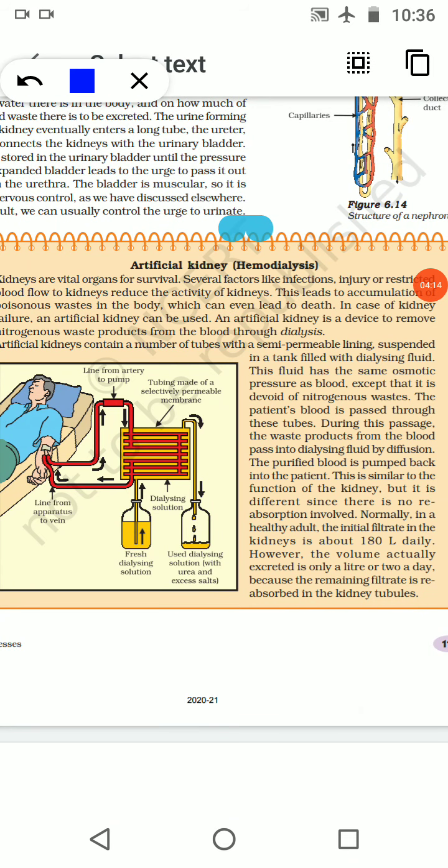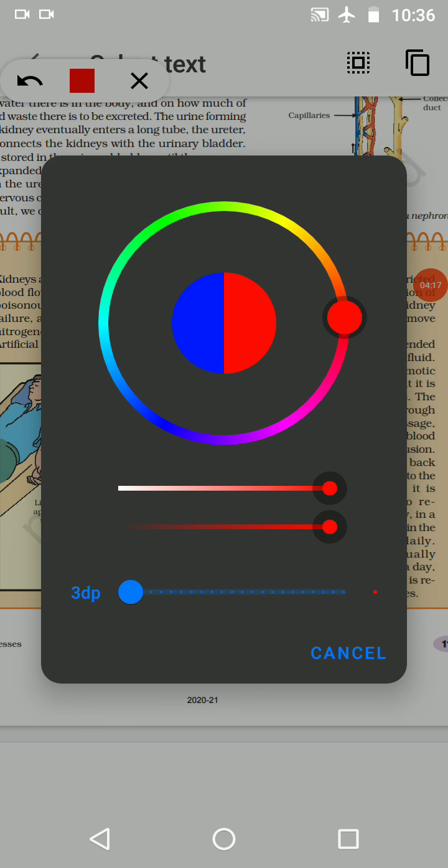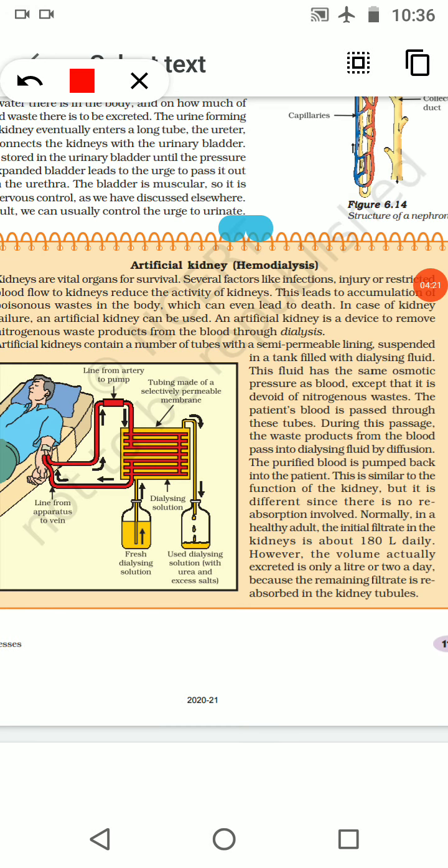Next I will be coming across the artificial kidney, or hemodialysis. In case of kidney failure, when there is a problem in the kidney, blood is passed through a chamber known as the dialysis chamber.